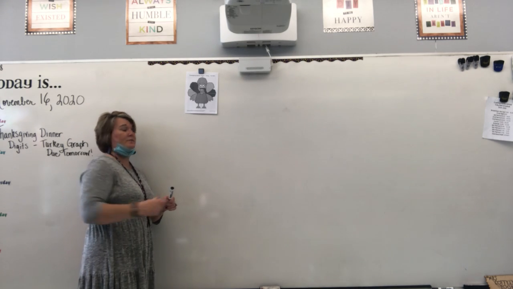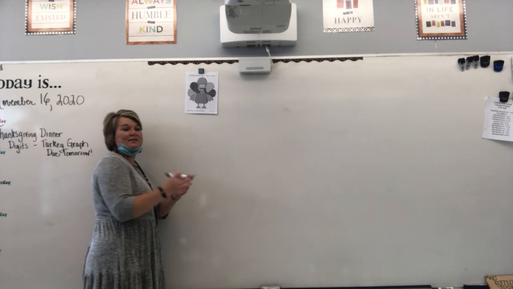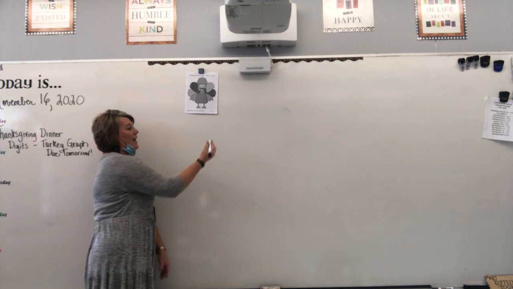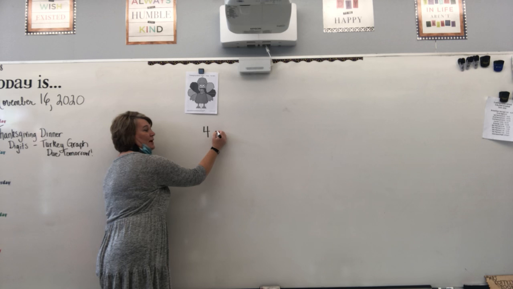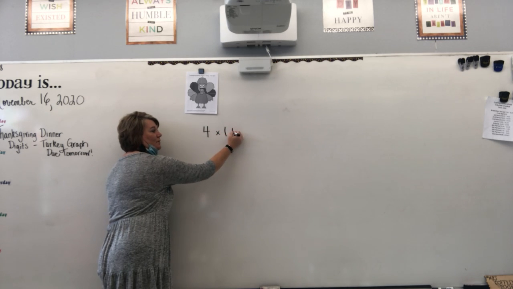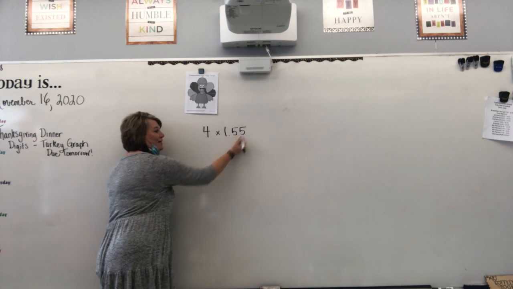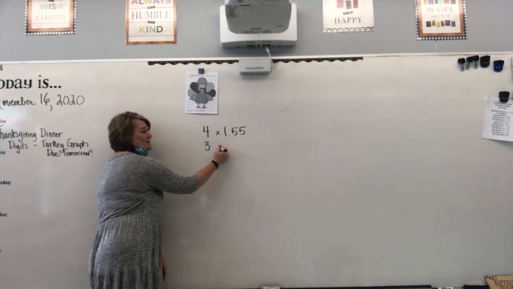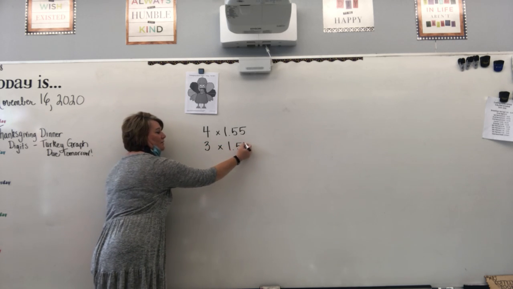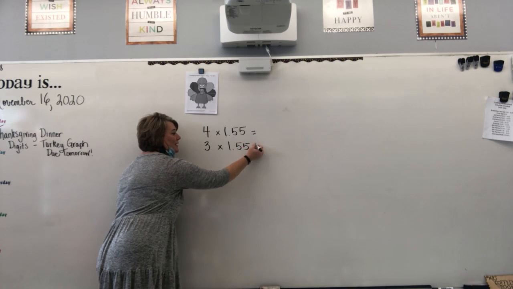Put that calculator down. Let's pretend like this is my party and I have 4 adults. Watch what I'm gonna do. I'm gonna multiply that times 1.55. Let's say I have 3 kids. I'm gonna say 3 times 1.55. And then I'm gonna get an answer.